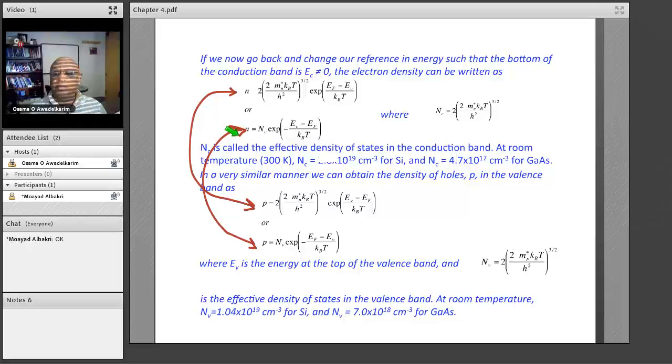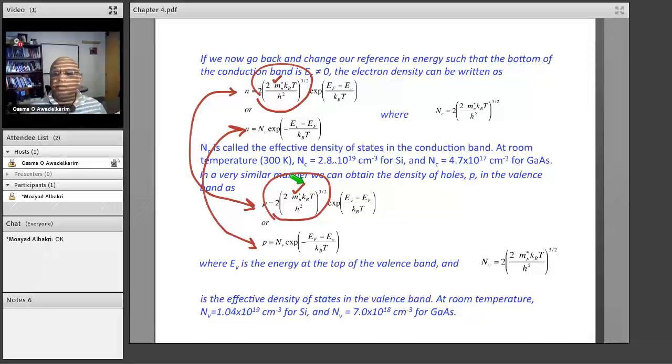So what do we have? We have this term, which is the same as this term, except for the effective mass of electrons here and the effective mass of holes here. So everything else will cancel out from the two sides of the equation.